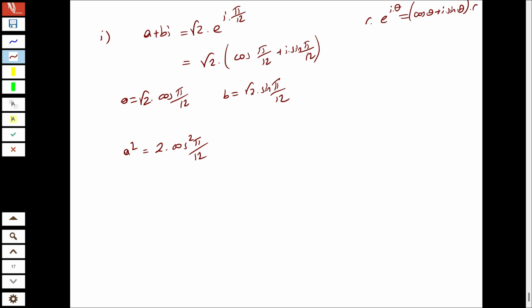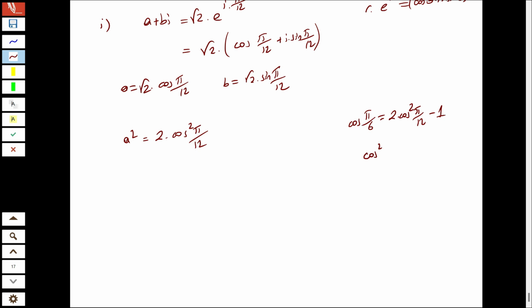How will we get this? I know that by the double angle property, if there is cosine pi over 6, we can write 2 times cosine square pi over 12 minus 1. Okay, from here you can say that cosine square pi over 12 will be cosine pi over 6 plus 1 divided by 2.